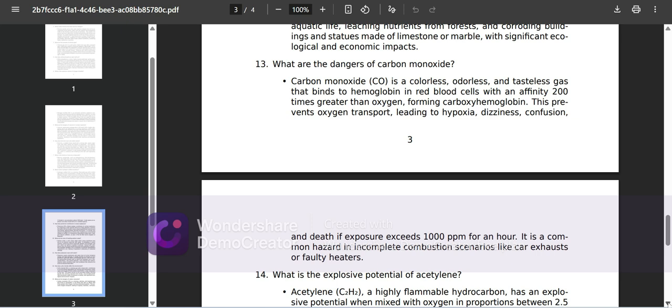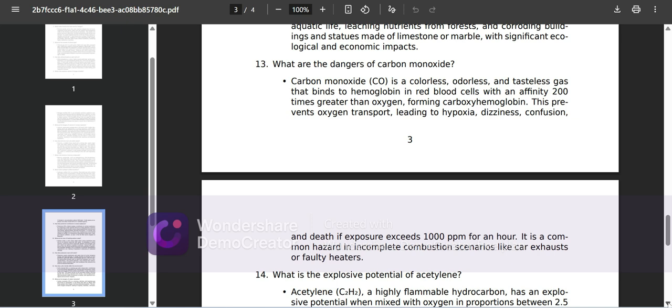What are the dangers of carbon monoxide? Carbon monoxide, CO, is a colorless, odorless, and tasteless gas that binds to hemoglobin in red blood cells with an affinity 200 times greater than oxygen, forming carboxyhemoglobin.